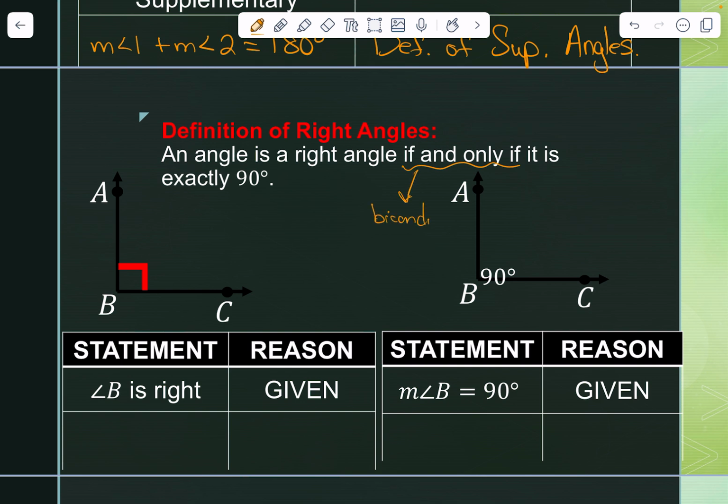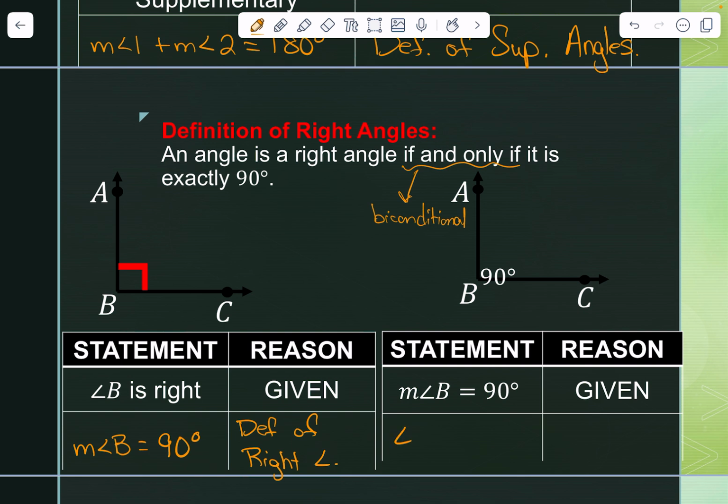Then we have the definition of a right angle. An angle is a right angle if and only if. Remember, we call that a biconditional because it goes both ways. So when we write our statement, if I'm told that angle B is right, then I also know the measure of angle B equals 90 degrees. Definition of a right angle.